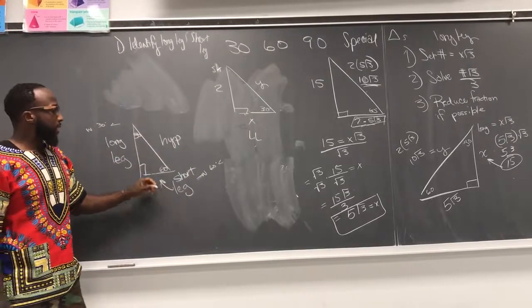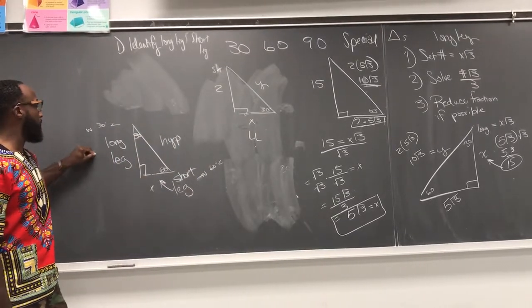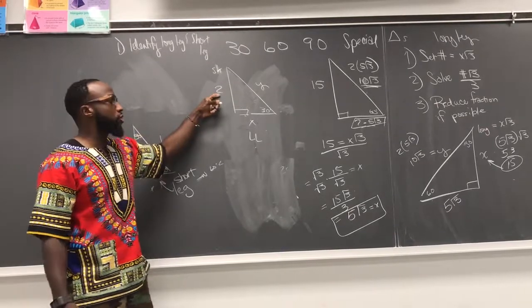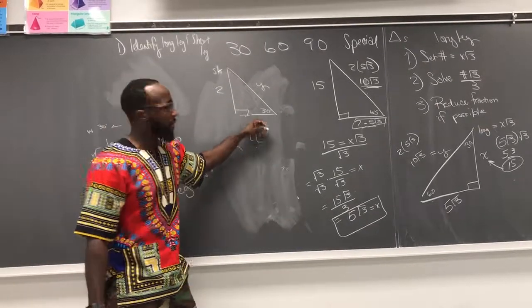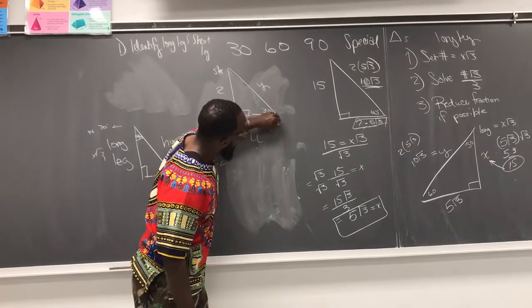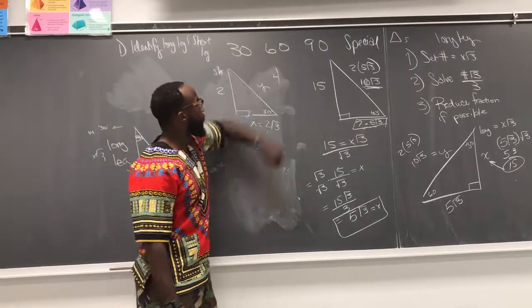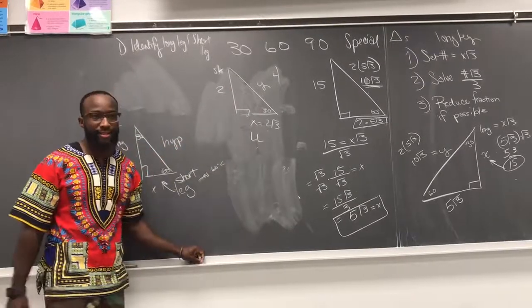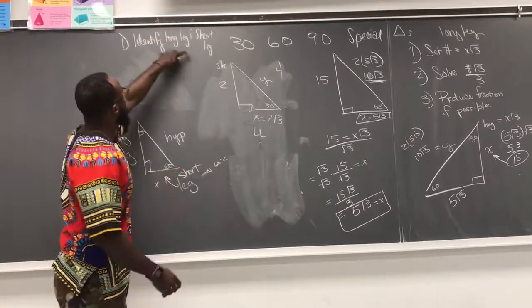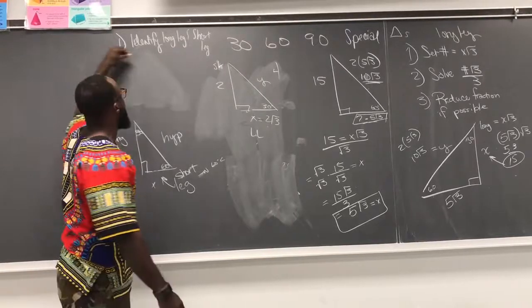Short leg is always x. Long leg is always x root 3. So if this is 2, x is 2, and the long leg is 2 root 3. And the hypotenuse is going to be 4. First thing you want to do is identify the short leg and long leg.